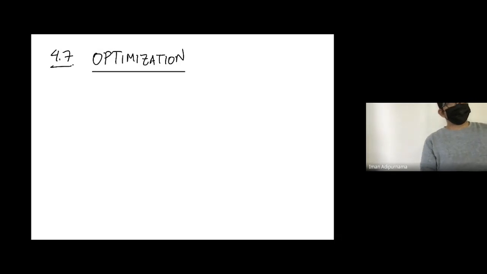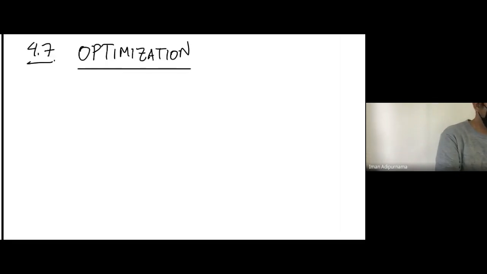And I think this is one of the applications of calculus that you can actually apply, but sometimes you are not really applying it. Let me give you a few notes on this optimization.